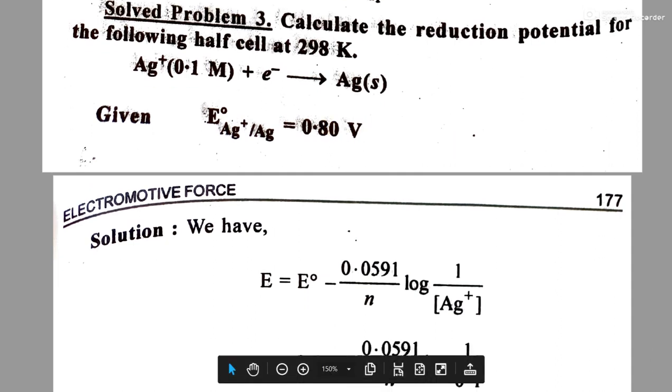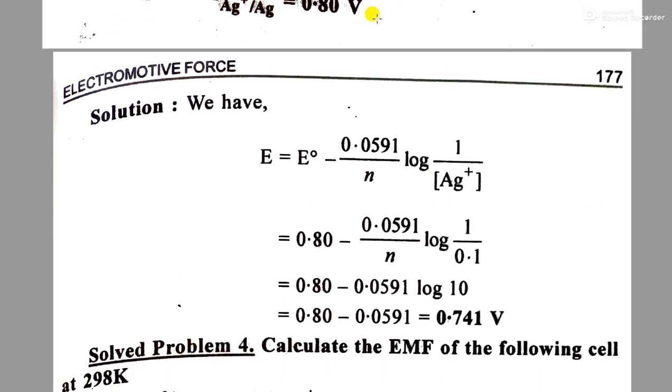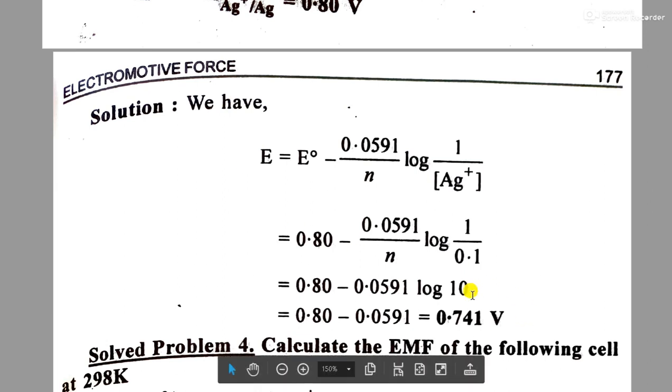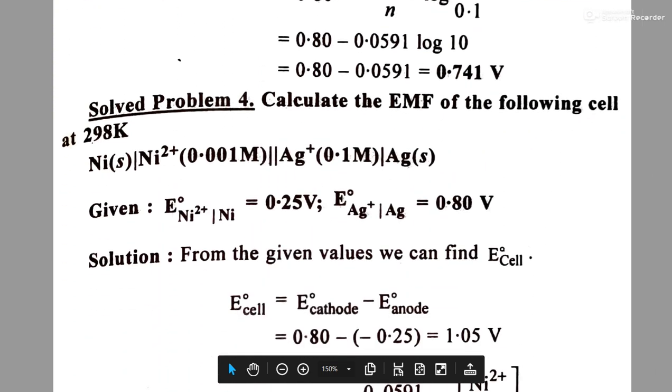So we are substituting all the values we already know from the question in this Nernst equation. E0 is 0.8, which is given here, and the concentration of Ag plus is 0.1 molar, and the resulting answer is 0.741 volt. Let us see the next question.